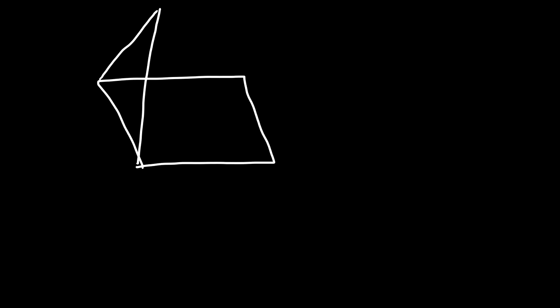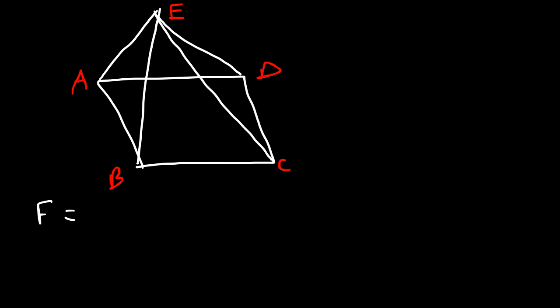Now let's go over one more example. And so that is the square-based pyramid. So let's call this A, B, C, D, and E. So let's calculate the number of faces.